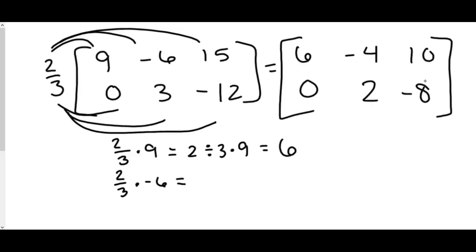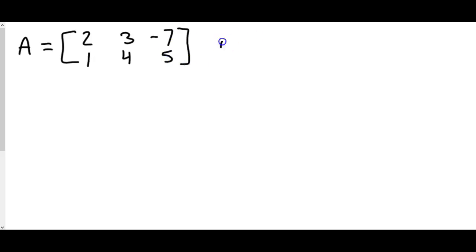What they may do to make it just a little more difficult is have you do some addition and subtraction with your scalar multiplication. So let's say matrix A is 2, 3, negative 7, 1, 4, 5. Matrix B is 3, 0, 6, negative 1, 8, 2.